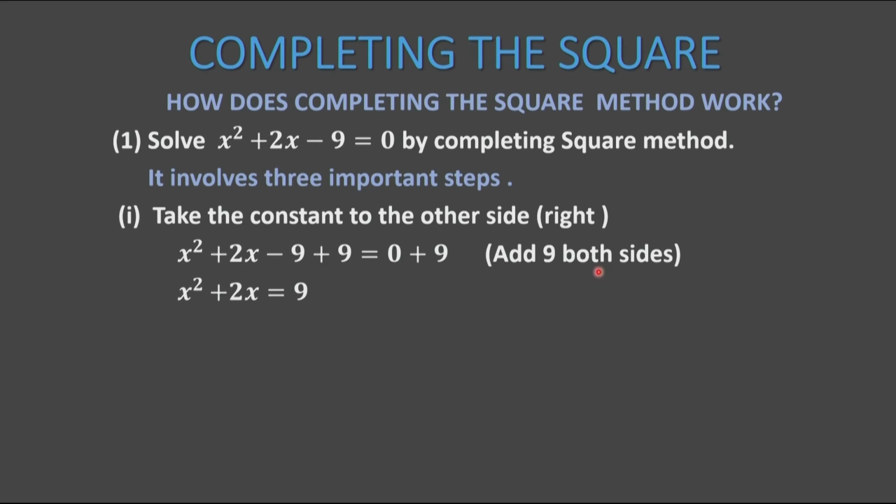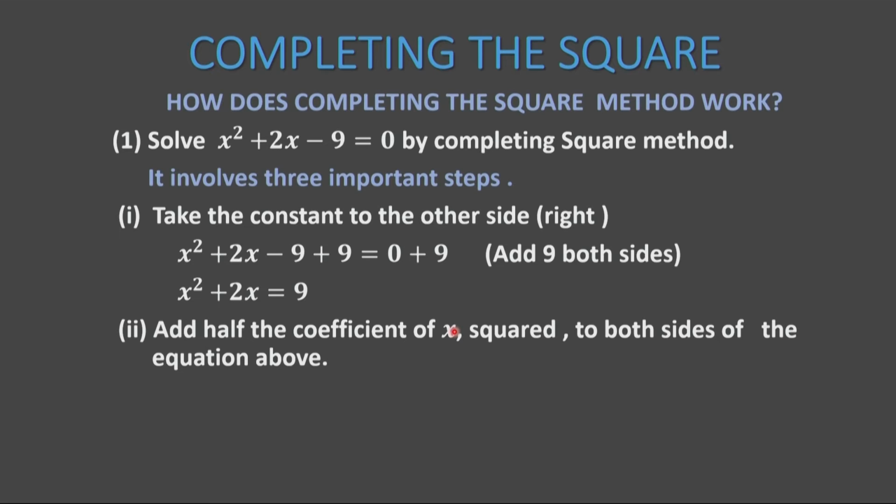And the known on the other side, which is 9. This is the constant alone there. This is the first step. Have you got it, students? If you got this, you got the first step of learning how to solve quadratic equations using the completing the square method.